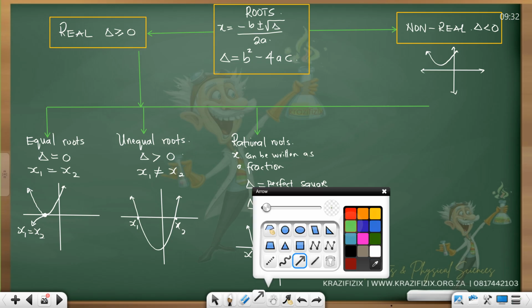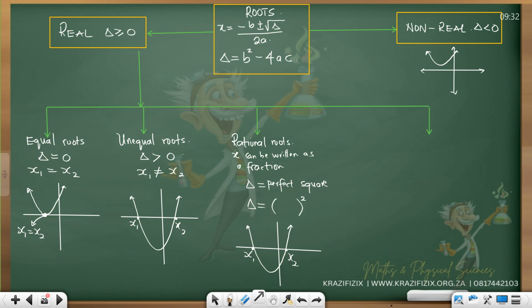And the last one, irrational roots. x is a decimal, not a fraction. It cannot be written as a fraction.